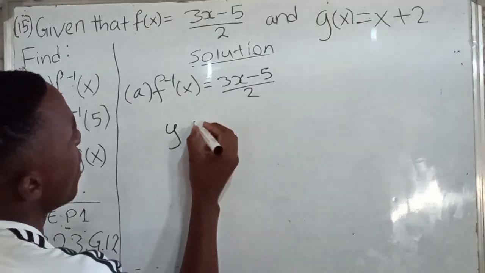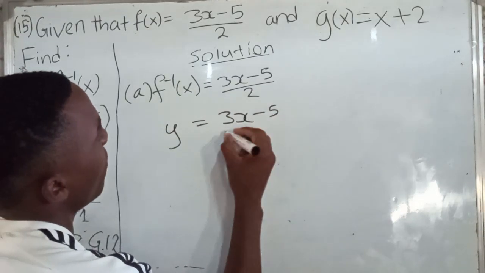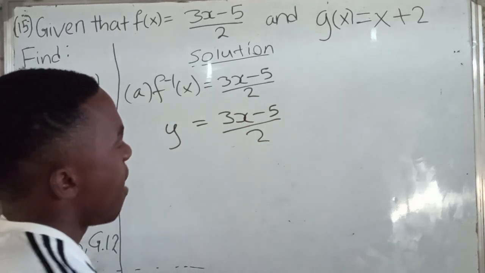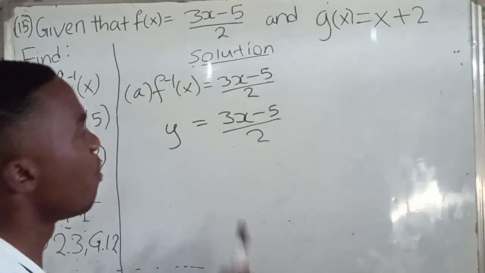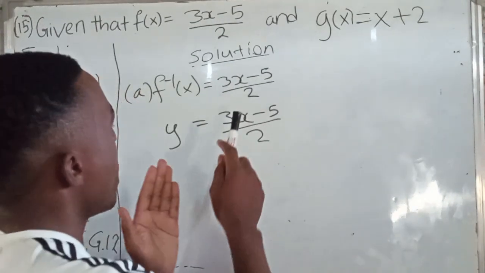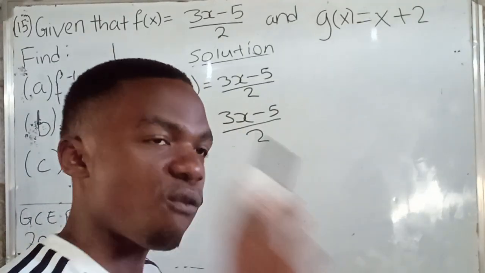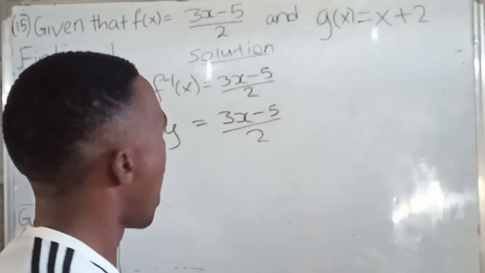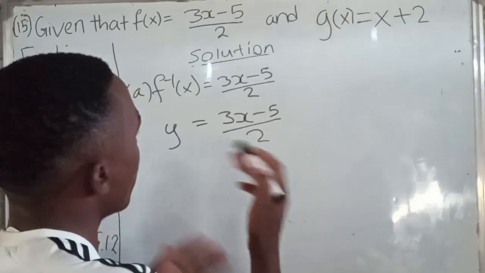So I'm going to say y is equal to (3x - 5)/2. At this stage, our main target will be to make x the subject of the formula, or make x stand alone with a value of 1.